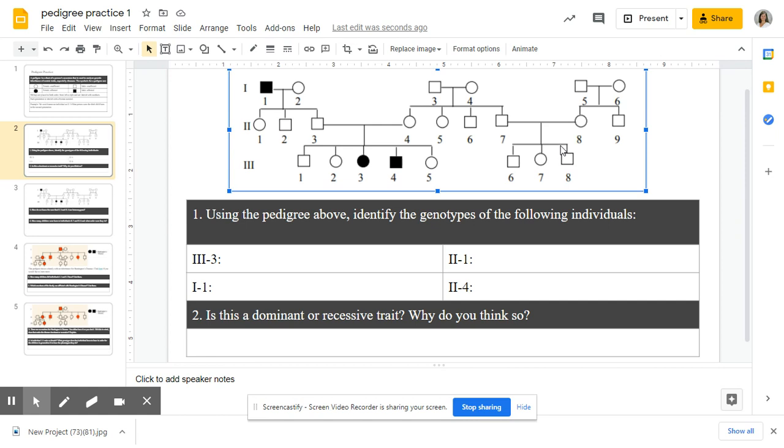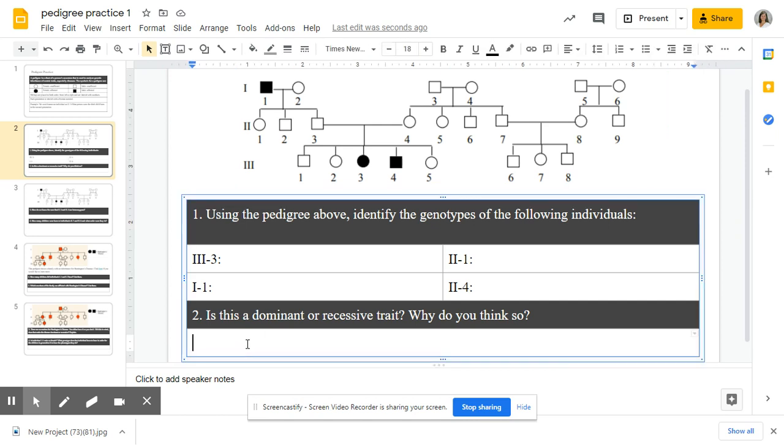So I'm going to make the assumption based off of that this is a recessive trait, based on the fact that I see these several generations that are unaffected or unshaded, which tells me that the dominant allele must be passing forward.